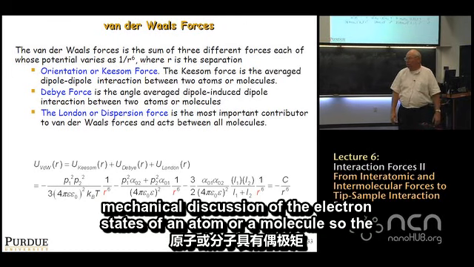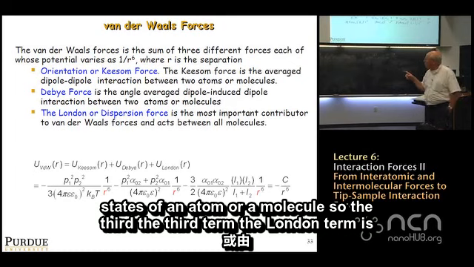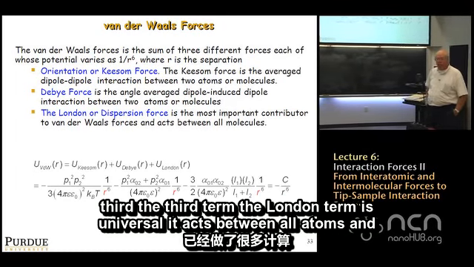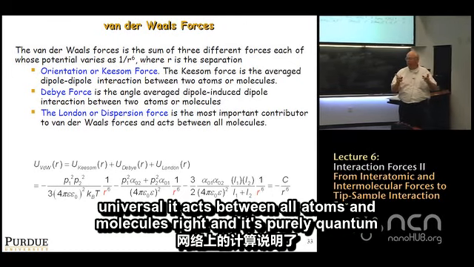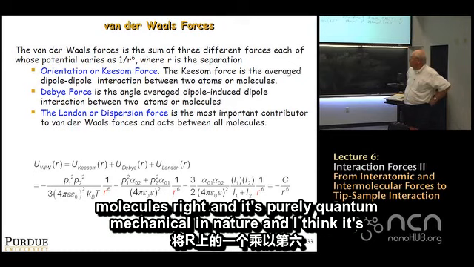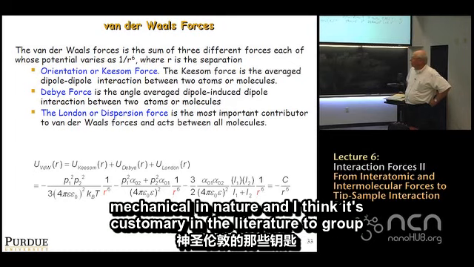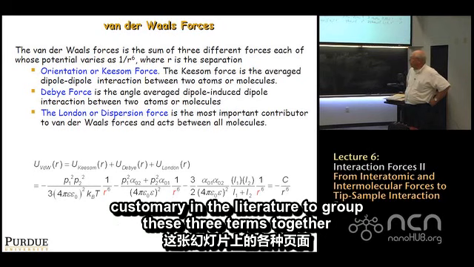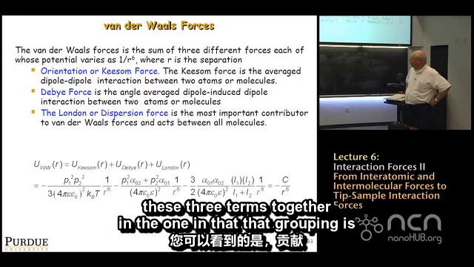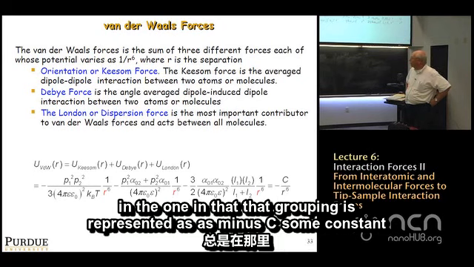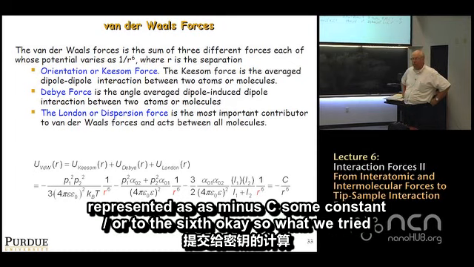So the third term, the London term, is universal. It acts between all atoms and molecules, and it's purely quantum mechanical in nature. And I think it's customary in the literature to group these three terms together into one, and that grouping is represented as minus C, some constant, divided by r to the 6th.